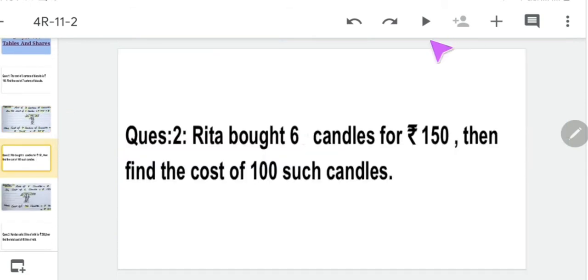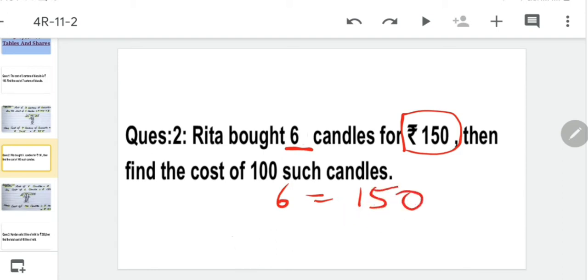Next one is Rita bought 6 candles for rupees 150. The price of 6 candles is 150 and we have to find the price of such 100 candles. So what we have to do? First we will find the price of 1 candle. How?